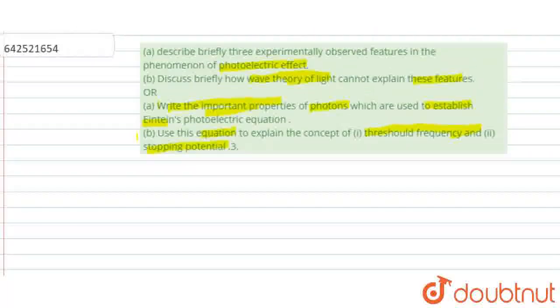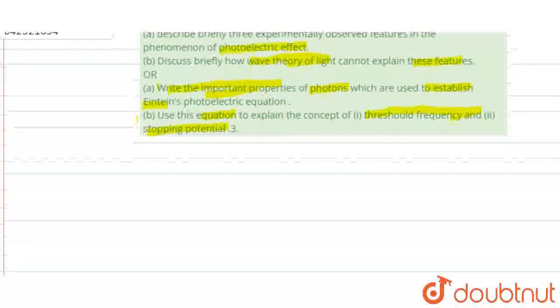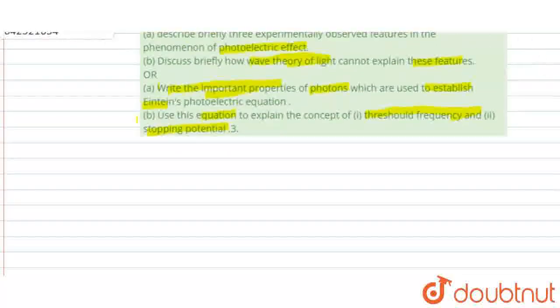In part A, it is asked from us to give three experimentally observed features in the phenomena of photoelectric effect. First of all, students, I will write the definition of photoelectric effect, then I will explain the features. What is photoelectric effect?